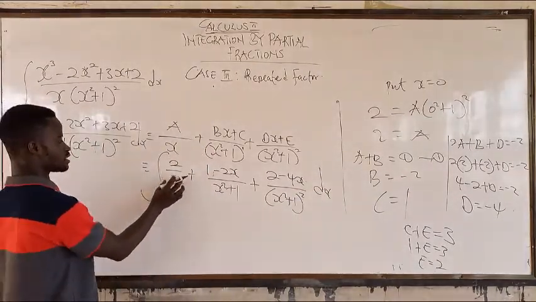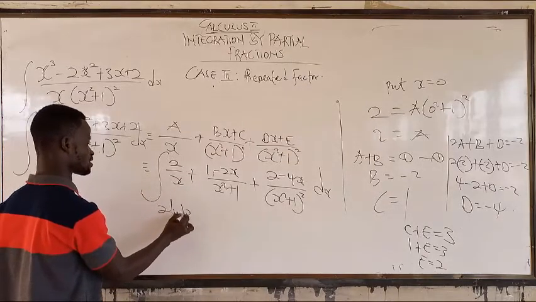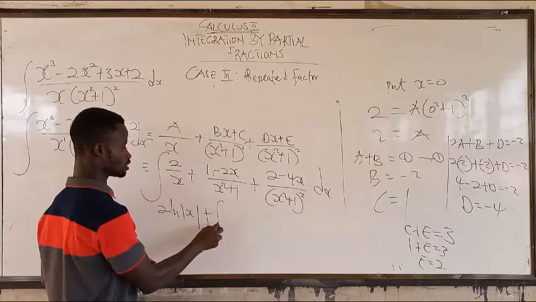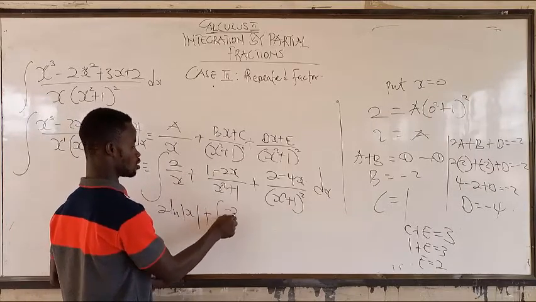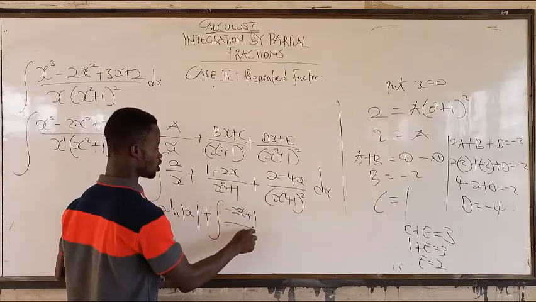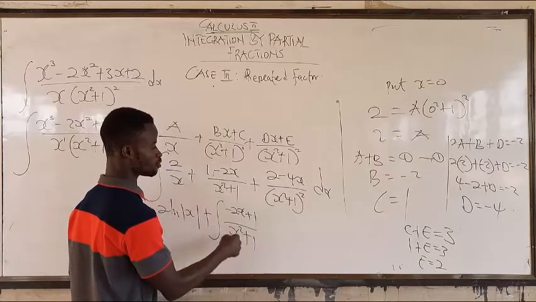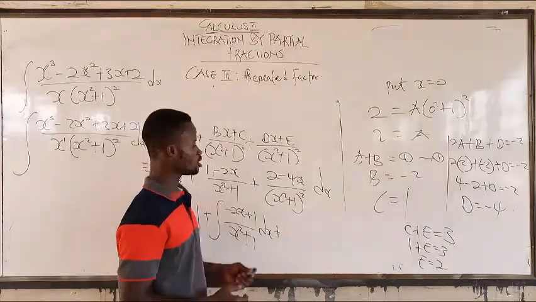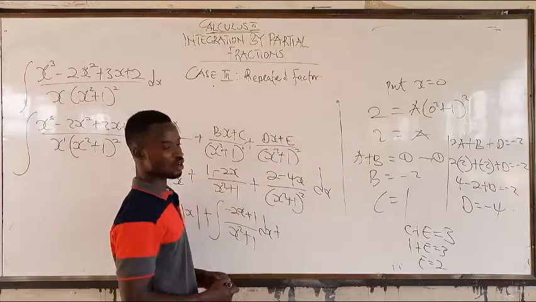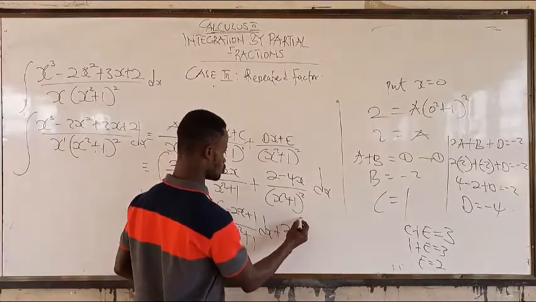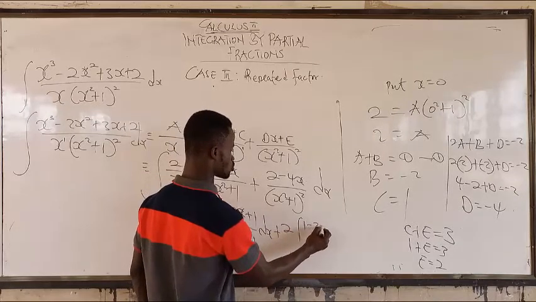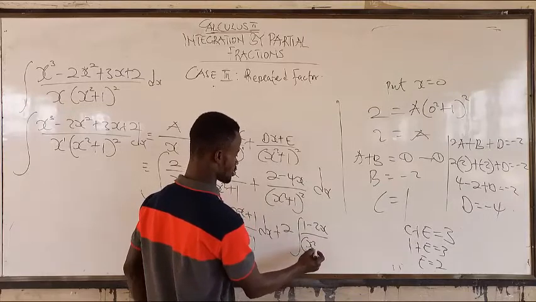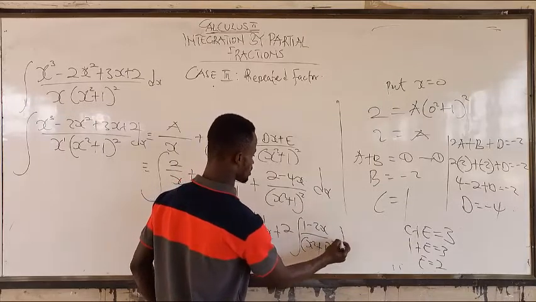So you integrate this, you get 2 ln s plus, to integrate this, minus 2s plus 1 over s squared plus 1, you come back to it, ds, plus, here you can factorize the constant out, 2 times the integral of (1 minus 2s) over (s squared plus 1) squared ds.